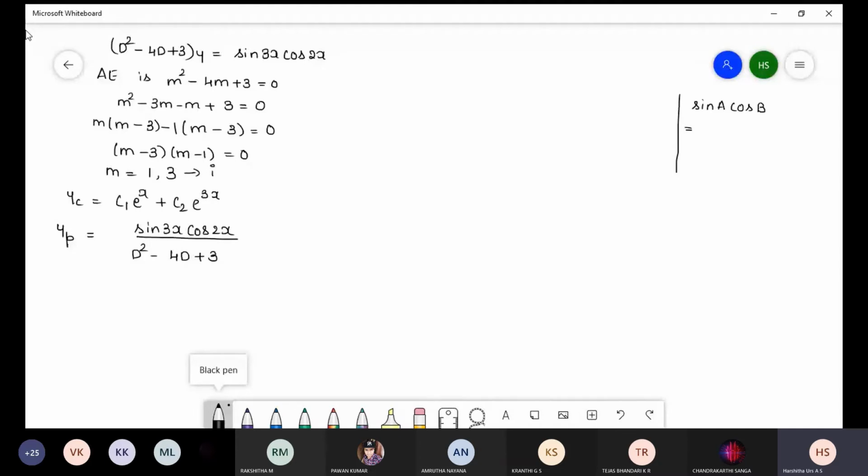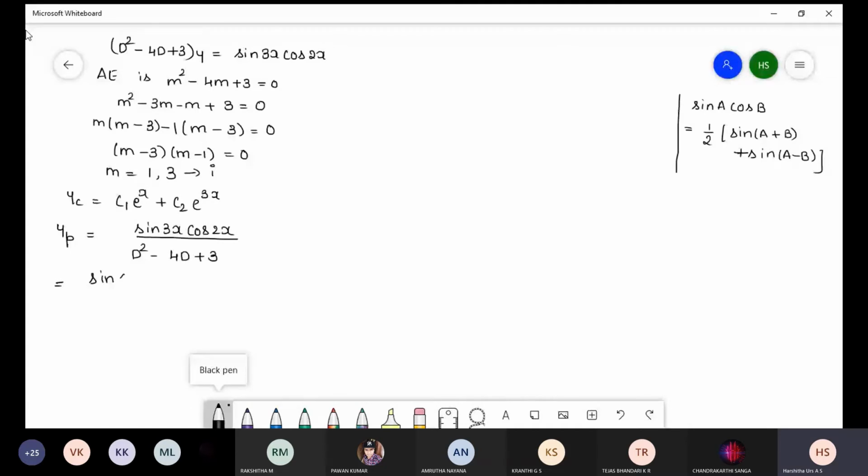So sin A cos B means 1 by 2 of sin of A plus B plus sin of A minus B. This is the formula.